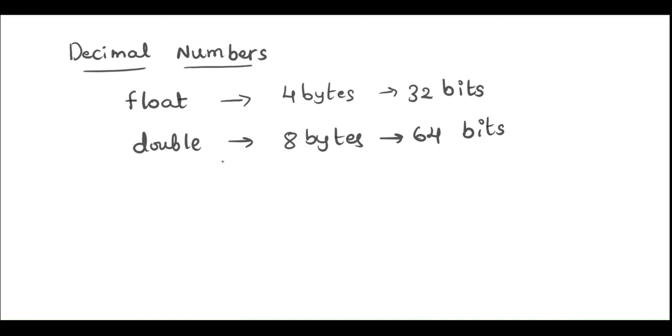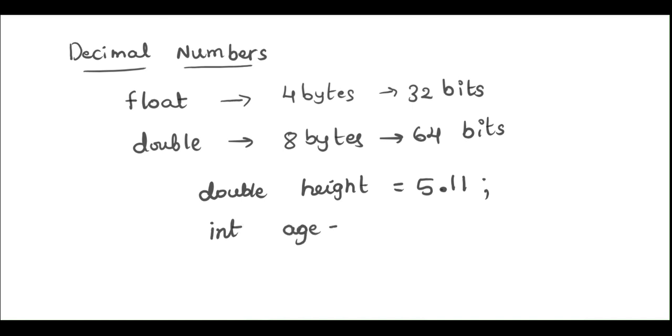For example, I just declare double height is equal to 5.11. This is for a decimal value. For non-decimal, I can use int age is equal to 22.